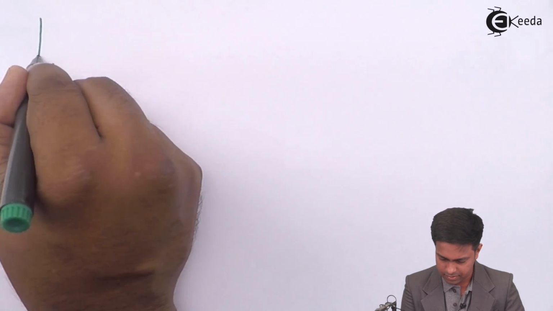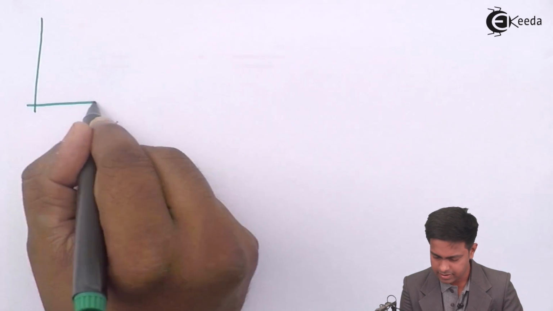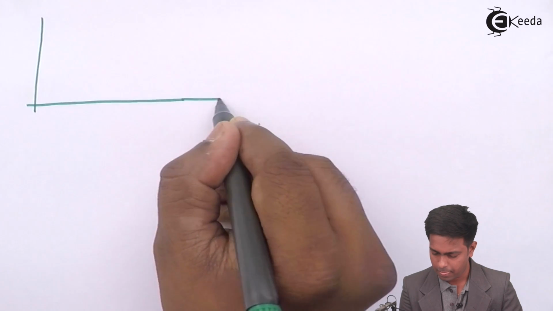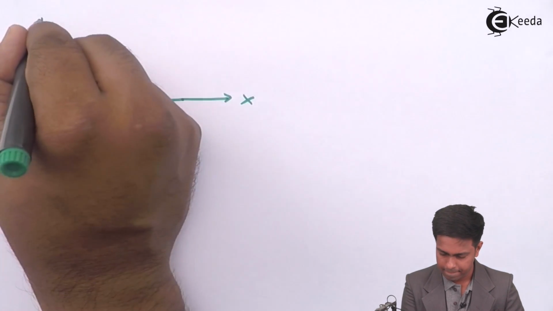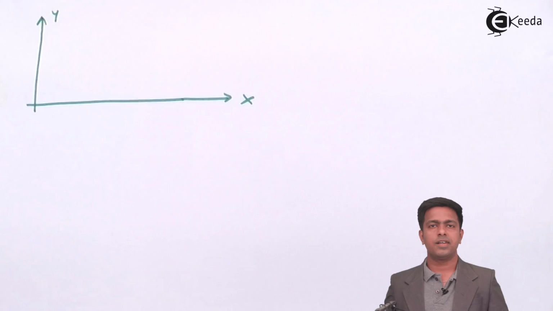This is the Y axis, this one is the X axis. Now let's plot the points.